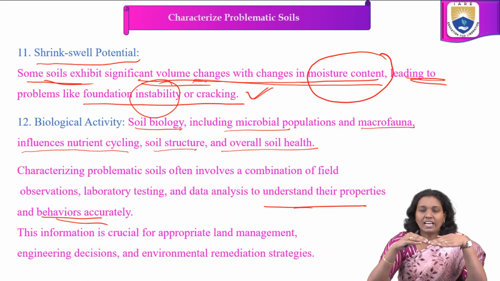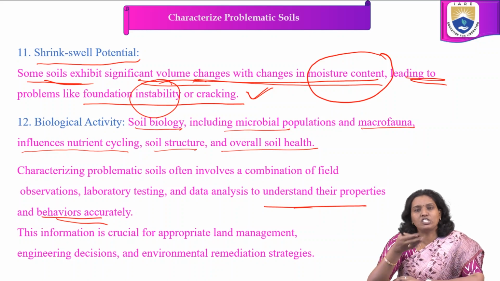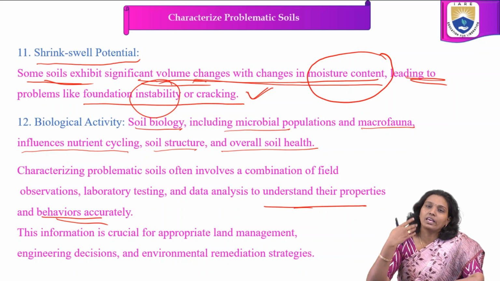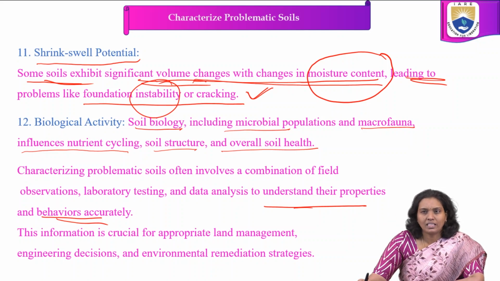Based on that, we take measures and give the design according to the requirement.